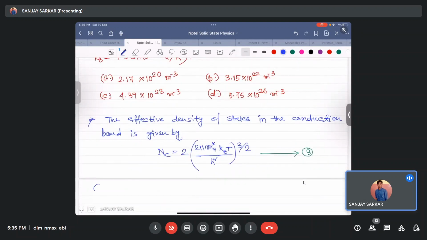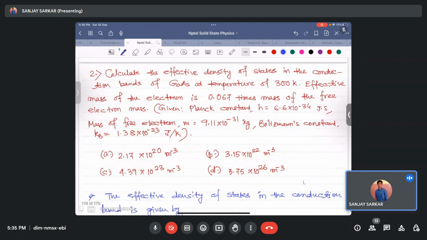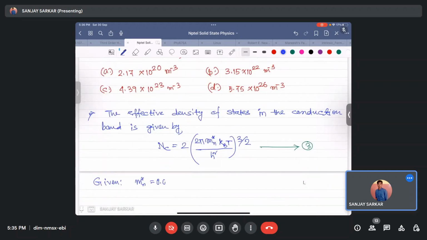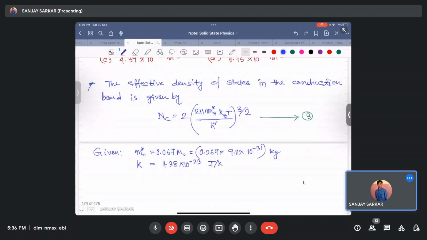So first write down what is given in the question. mn star is given, which is 0.067 times m naught. m naught is electron mass, so it will be 0.067 into 9.11 into 10 to the power minus 31 kg. Then kT is given, which is 1.38 into 10 to the power minus 23 joule per Kelvin. T is 300 Kelvin.